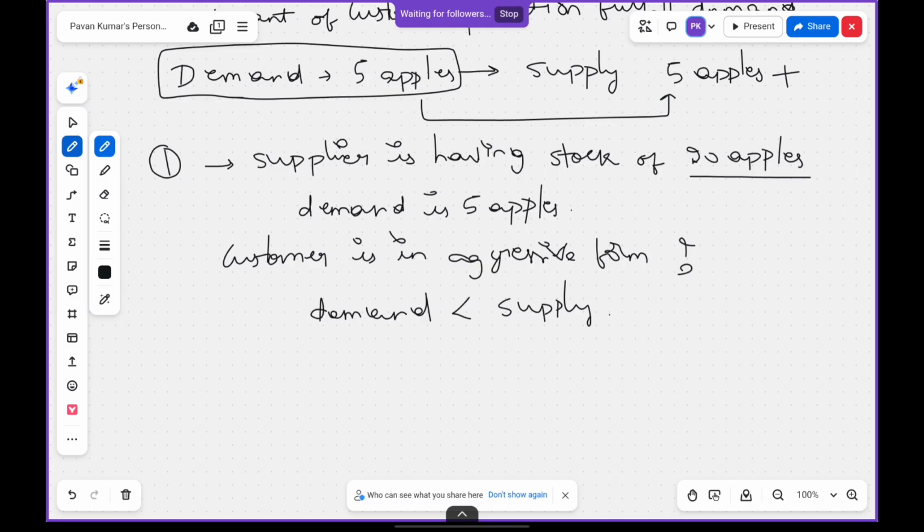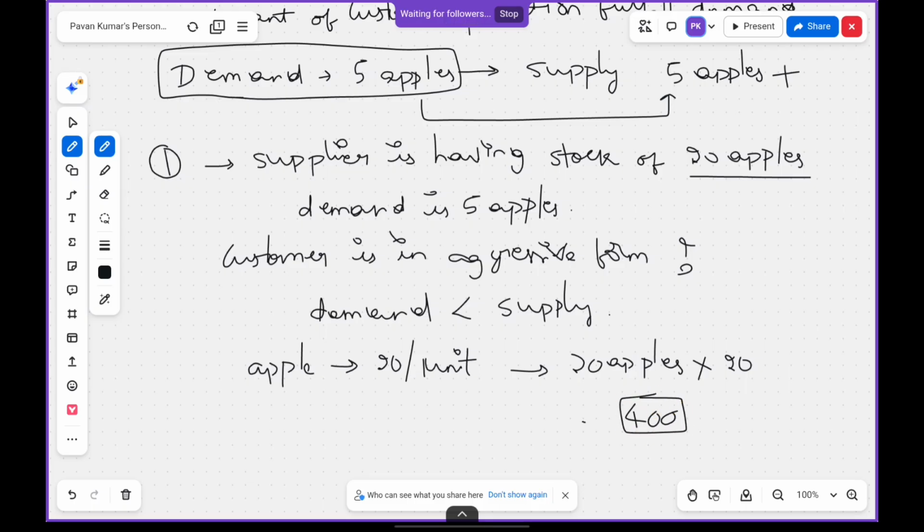So let's say one apple costs 20 rupees per unit. The 20 apples are there with the supplier, right? So what is the overall cost as per the market the supplier is holding? 20 apples into 20, so it is 400 rupees of stock he is holding. But the customer only has the demand for 5 apples.